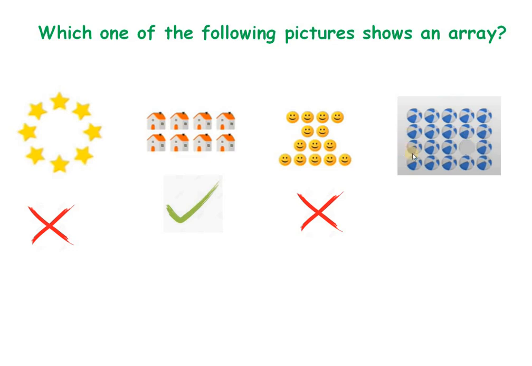The third row has 1, 2, 3. Oh, there is a missing ball here. So in the third row, we just have 4 balls. The number of balls is not equal in all rows. So this is not an array.